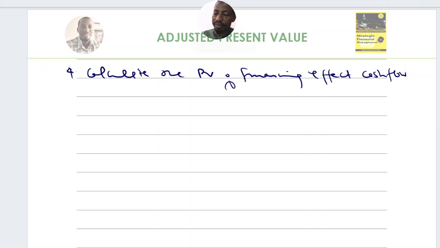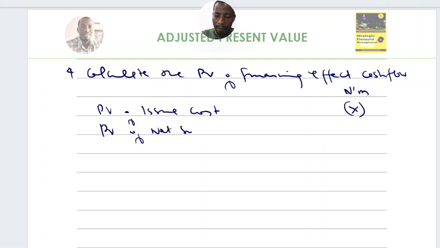To do this, I will pick the PV of issue cost. I will post, usually to be in brackets. Then I will add PV of net subsidy, if any. It is not compulsory that in a question you are going to have subsidy, interest, and all of that. Whichever one you have is what you are going to compute for.